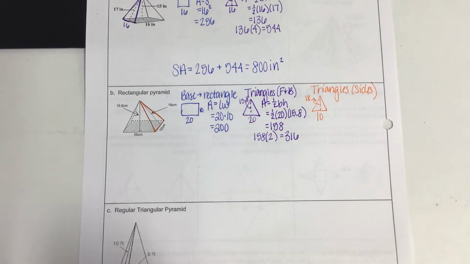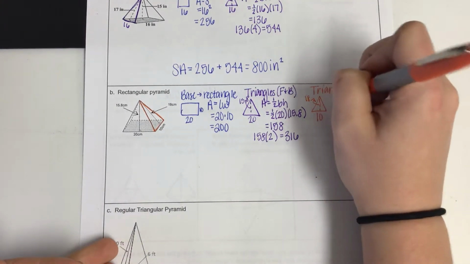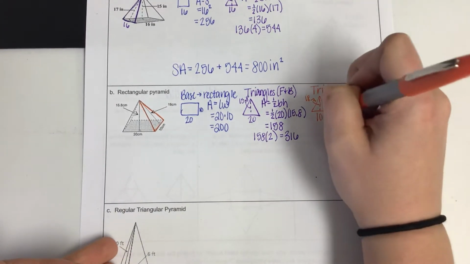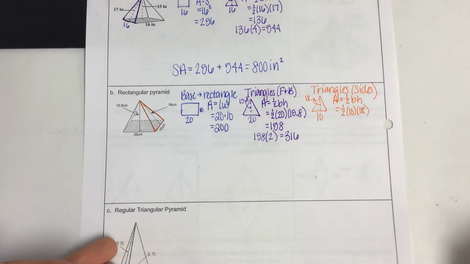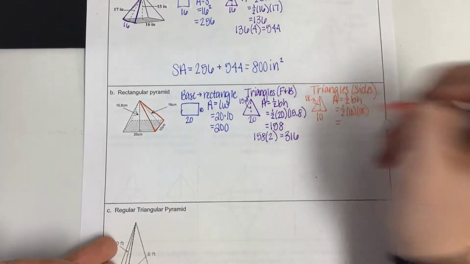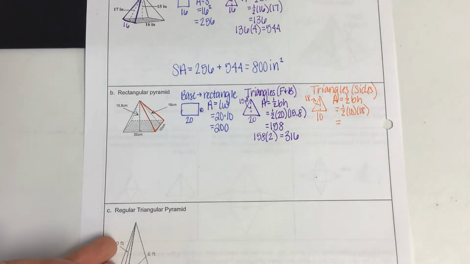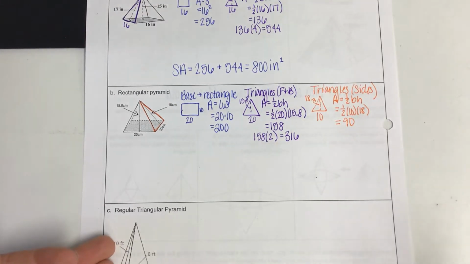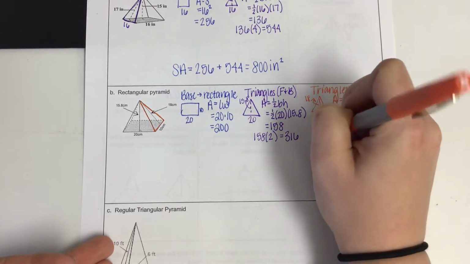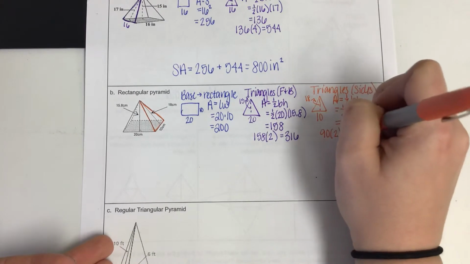Again, our formula is area equals 1/2 base times height. So that's 1/2 times 10 times 18, which is going to give me 90 for just one of the triangles. But again, we have to remember we have 2 sides. So we do 90 times 2 and get 180.